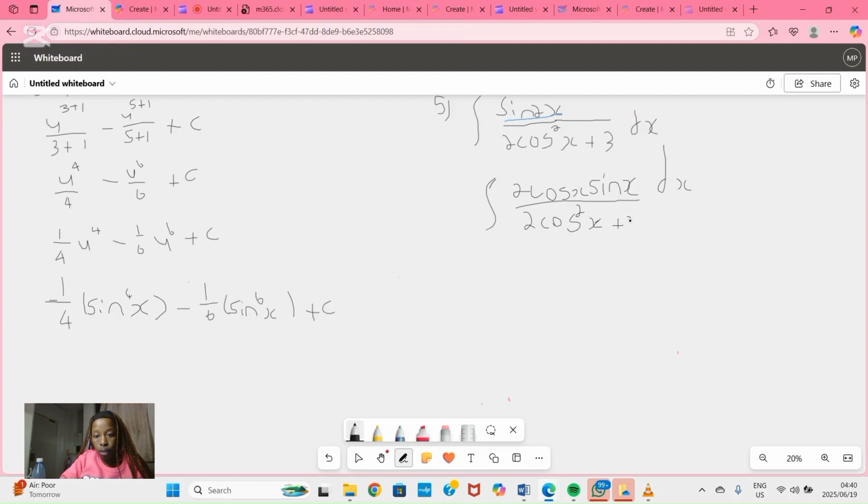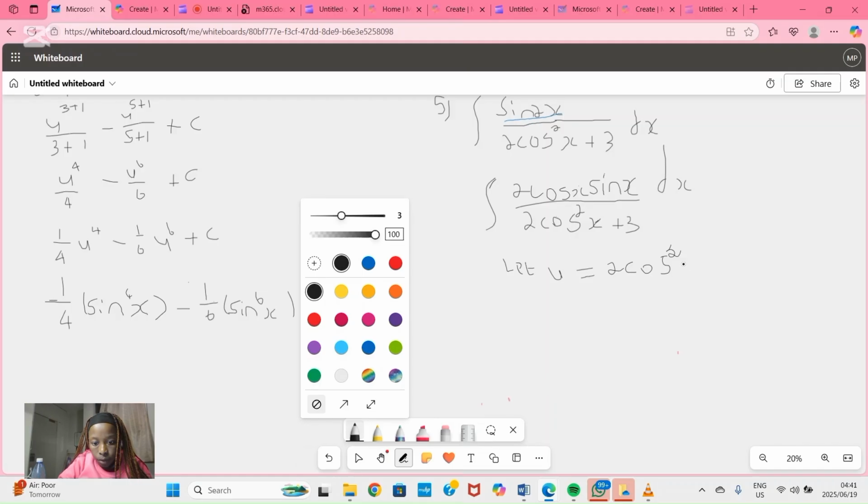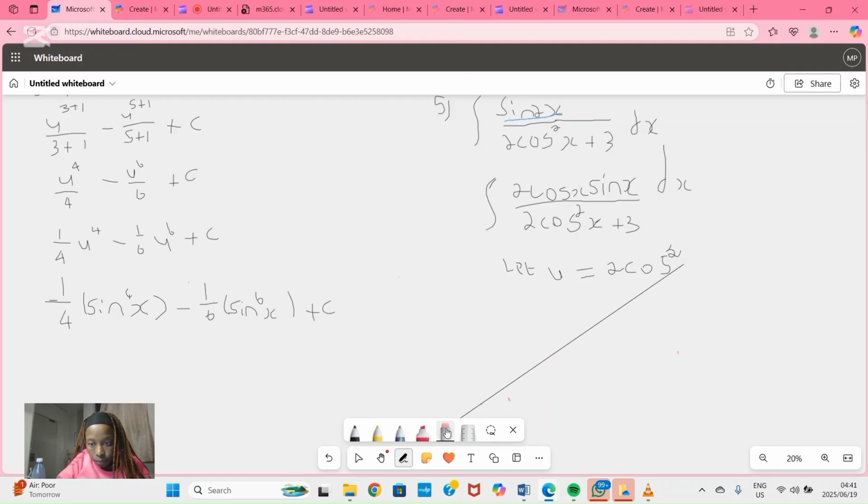So we're going to let u equal 2 cos squared x plus 3.